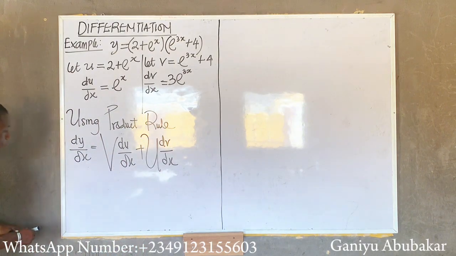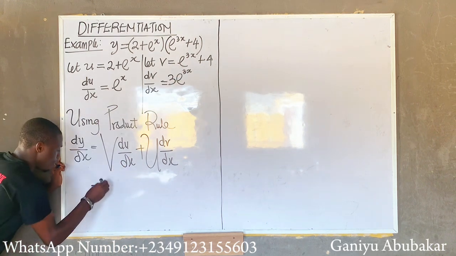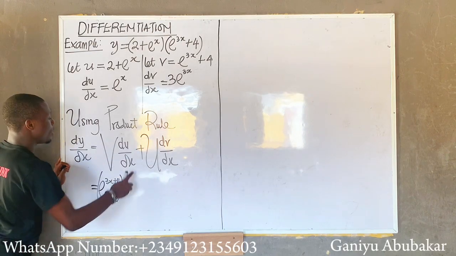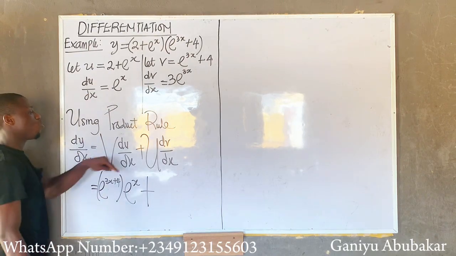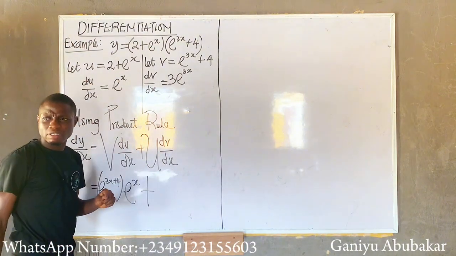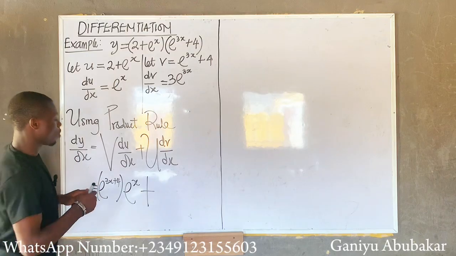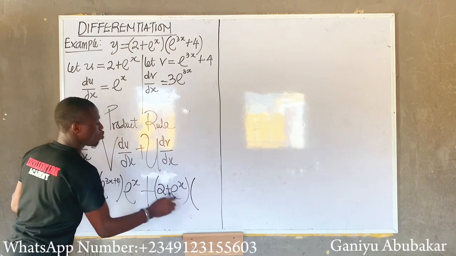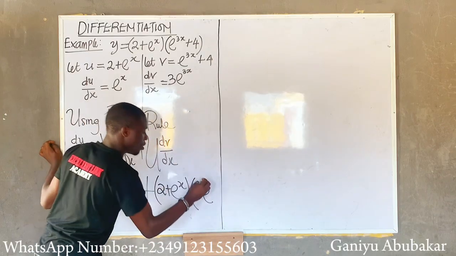From here, proceeding, this is now equal to, what's v? V is exponential 3x plus 4. V du dx, where du dx is exponential x, so I have exponential x, plus, what's u? You said u is 2 plus exponential x, so I have 2 plus exponential x as my u, times what's dv dx? dv dx is 3 exponential 3x.